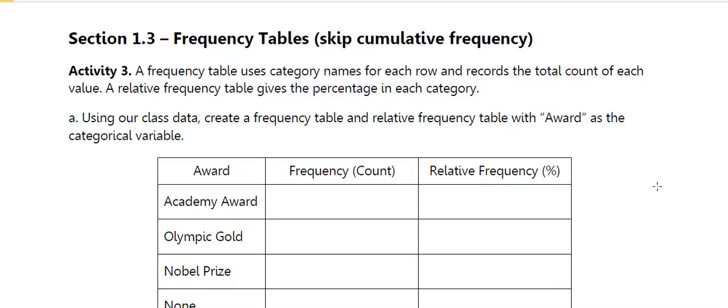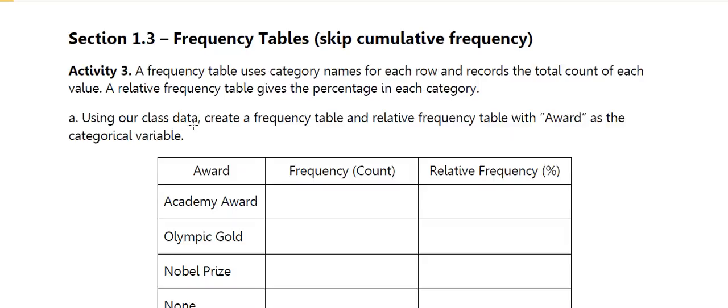We're going to look at some categorical variables today. So a frequency table uses category names for each row, and then it records the total count of each value. A relative frequency table gives the percentage in each category.